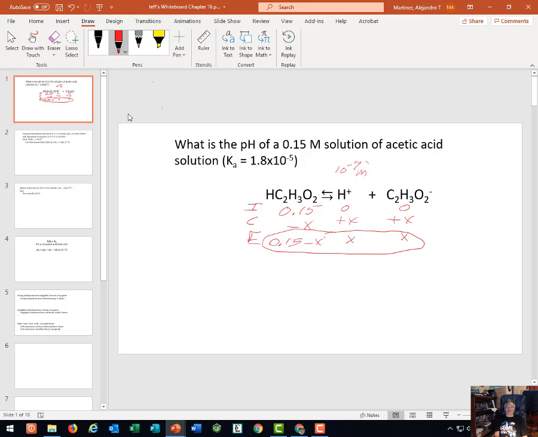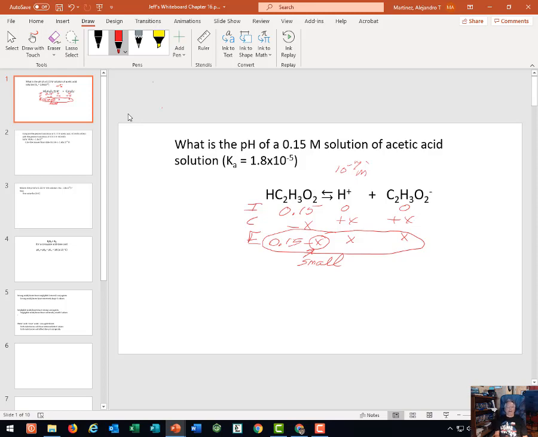All right, we have a decision to make about whether or not this x is small enough to ignore. Now, I've already told you you're not going to have to do the quadratic equation on any exams. I'm going to stick to that even though the exams are online, and that might give it a little bit more complication. You're certainly welcome to do the quadratic formula to solve this problem, but in all the problems I'll give you, you can assume x is small.